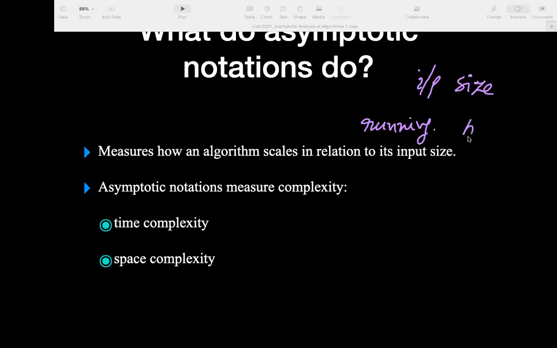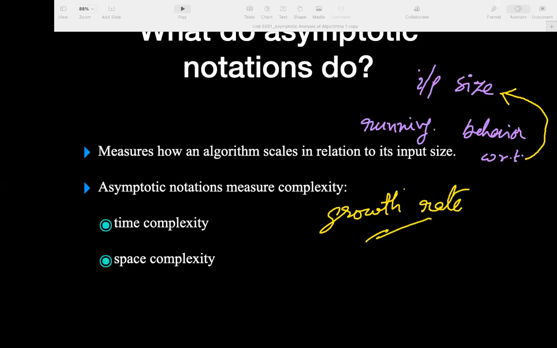We check its behavior with respect to the input size, right? When the input is increasing, how our algorithm is going to behave. This is also called the algorithm's growth rate, right? Growth rate means that as input increases, how your algorithm is behaving.